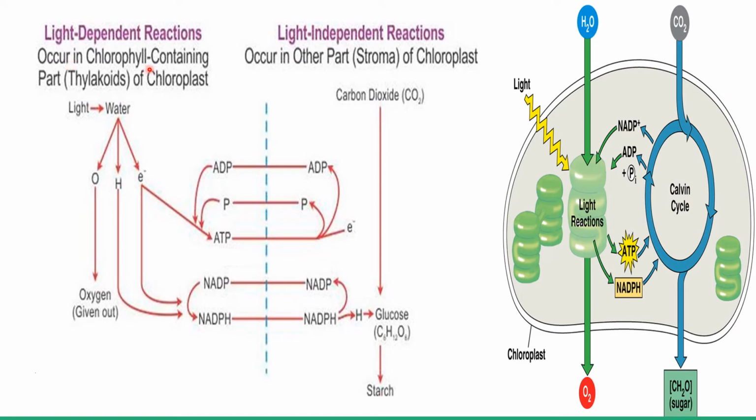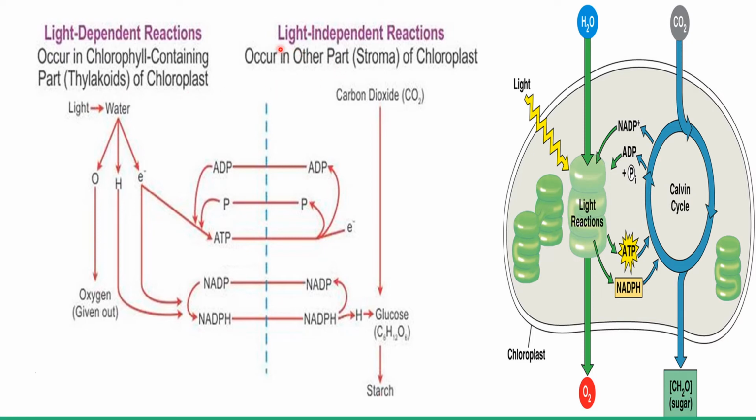It occurs in chlorophyll containing part of chloroplast. You know that chlorophyll is present in the walls of thylakoids. That's why we can say light dependent reactions take place in the thylakoids of chloroplast, or you can write grana of chloroplast, because piles of thylakoids we call grana.